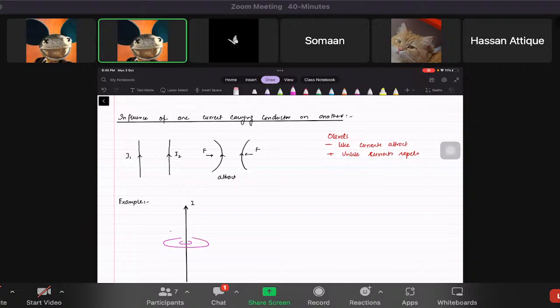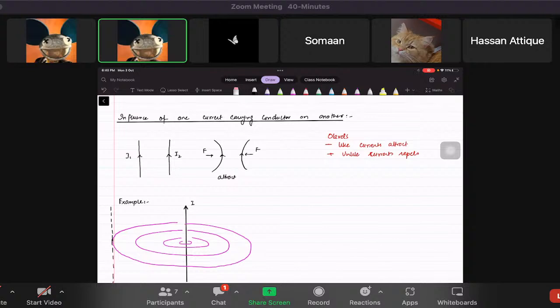Concentric circles, please, like that. And at one point, somewhere here, we're checking an effect. So there is another wire that is placed at this point. Let me put a dotted line.